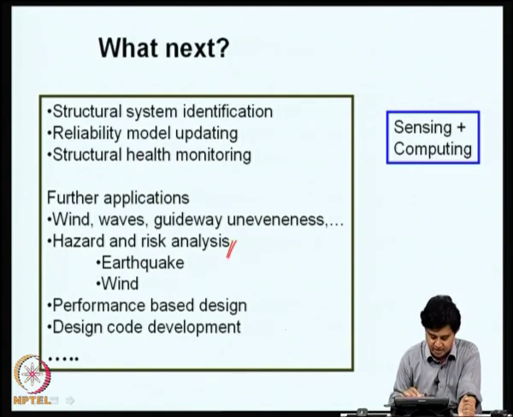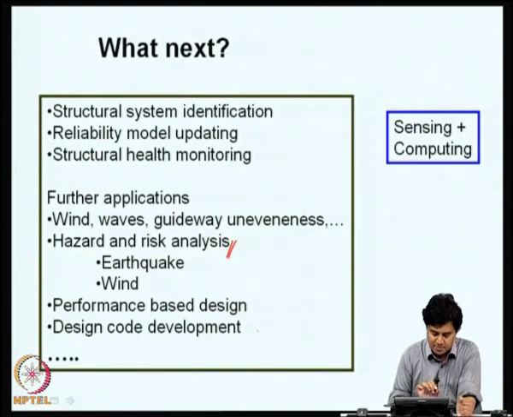I briefly mentioned the relationship between factor of safety and probability of failure, but that line of thinking needs to be developed considerably, and this discussion takes us into methods of reliability analysis, code calibration, etc. So, some of these areas could be studied based on what we have learnt in this course.